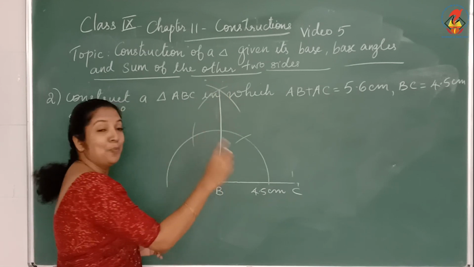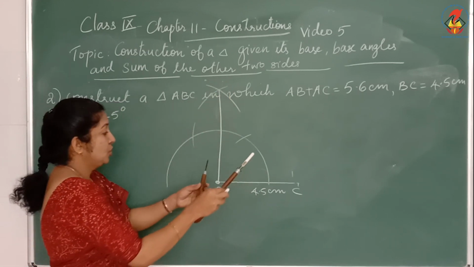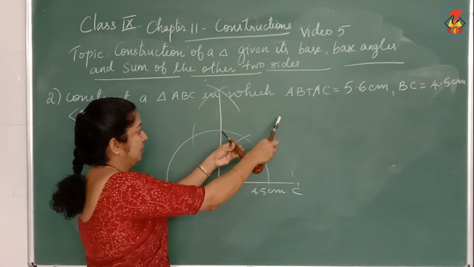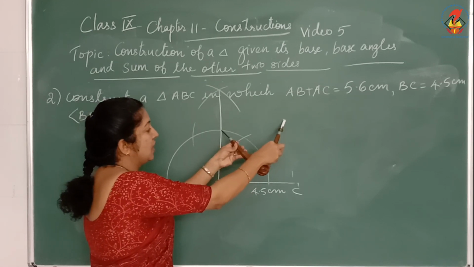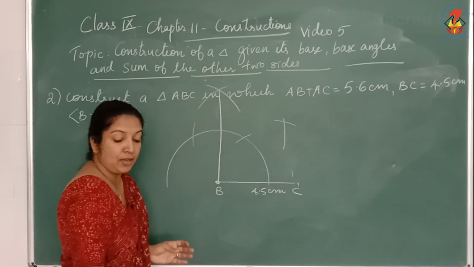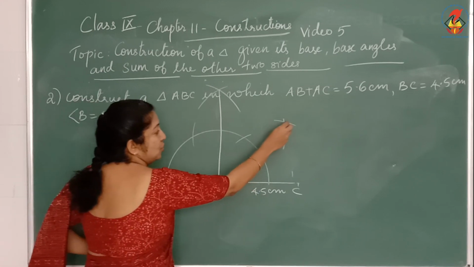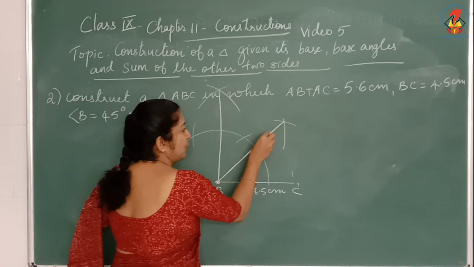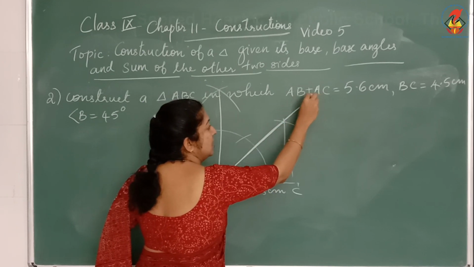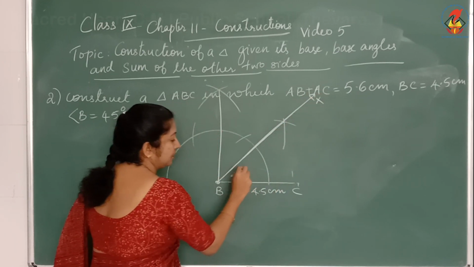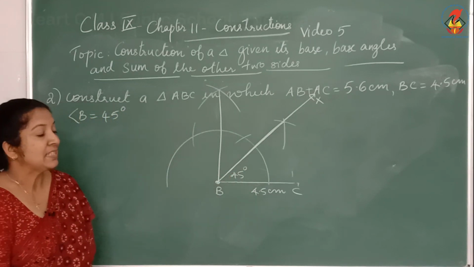Then what you have to do? Bisect this 90. So take more than half of this arc and draw 2 arcs from each of these points. This is 45 degree, we have to extend and mark it as X. So what is the next step?